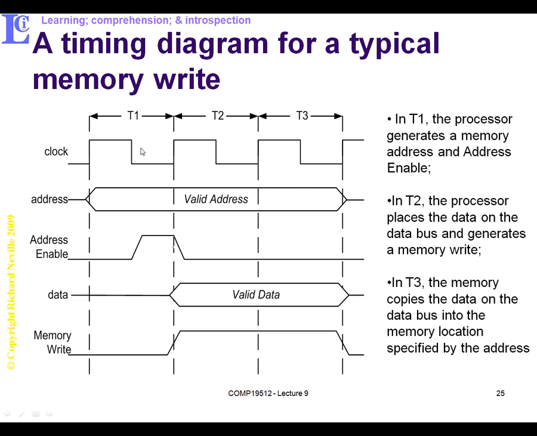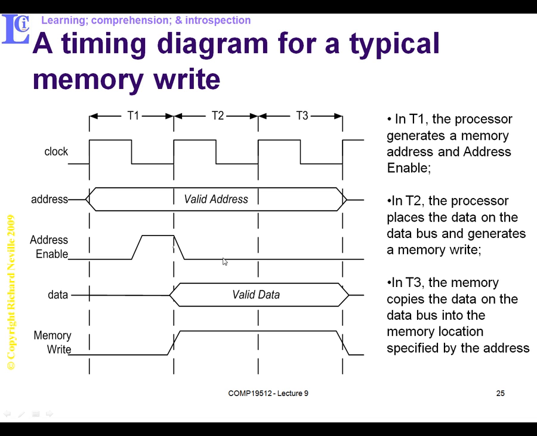Okay, so now you can see that every phase here is in lockstep with the clock. In the first period we put an address out, and then the second half of that we tell the memory at the other end of the address bus that it's a valid address.